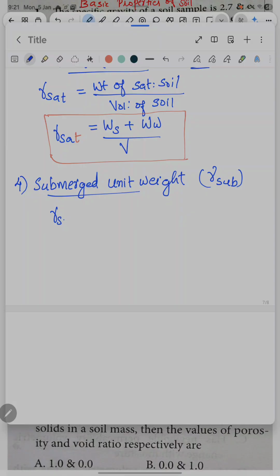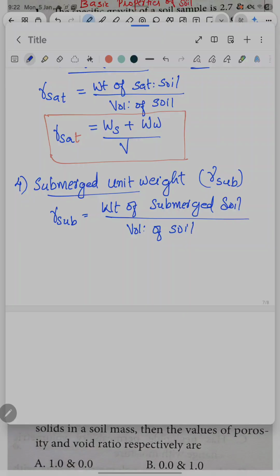So submerged unit weight is weight of submerged soil divided by volume of soil. There is another relation: gamma submerged is equal to gamma saturated minus gamma W.